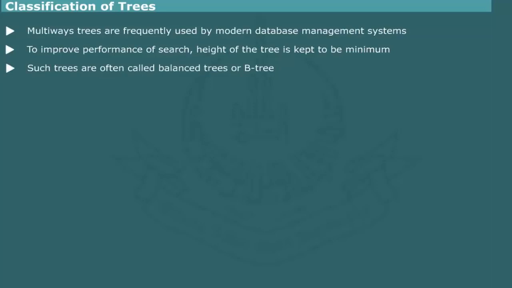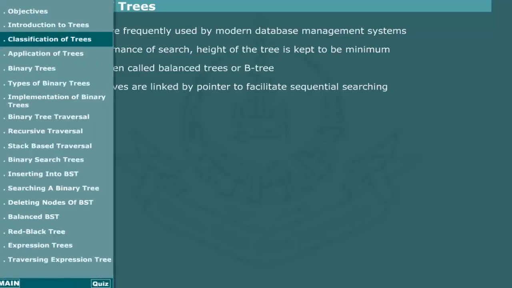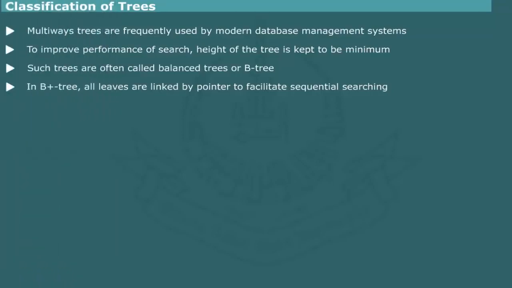The term B-tree is often used to describe such trees. B-plus tree is a variant of B-tree, in which all the leaves are linked by pointers to facilitate sequential searching, in addition to normal random searching. Indeed, B and B-plus trees are cornerstones of all modern data file systems and database management systems.